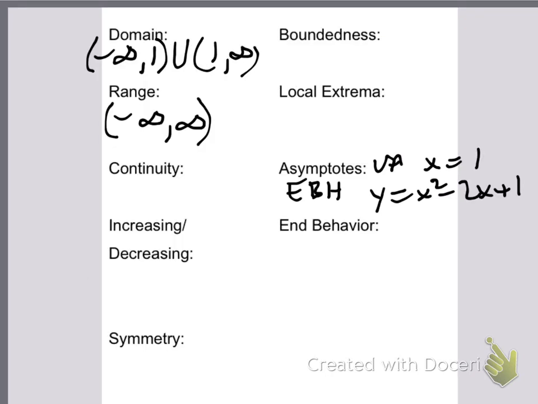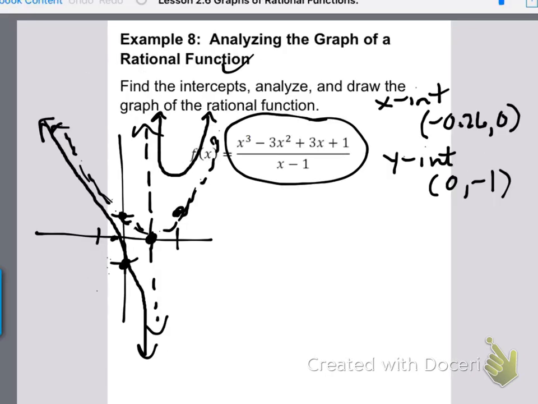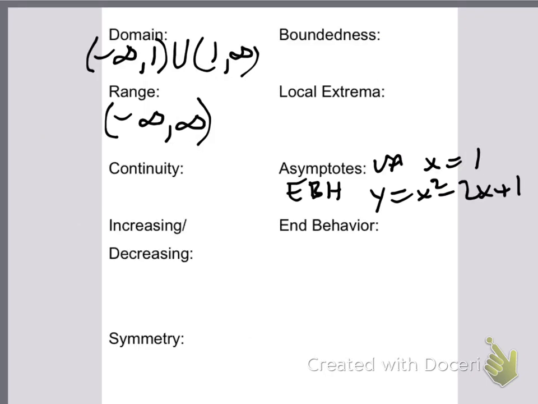Now, continuity. This part is continuous. This part is continuous. Where's the break? Well, the break is at x equals 1. There's the jump, right? Actually, it's an infinite discontinuity because there's an asymptote. So our continuity: it's continuous on all x except for 1.